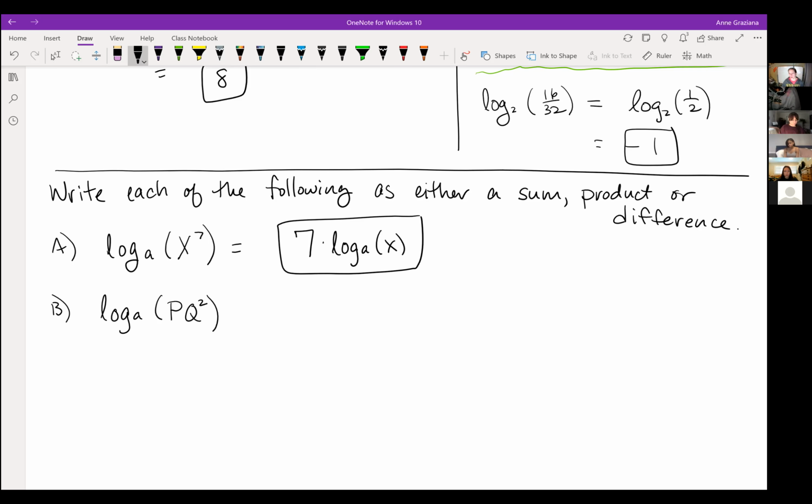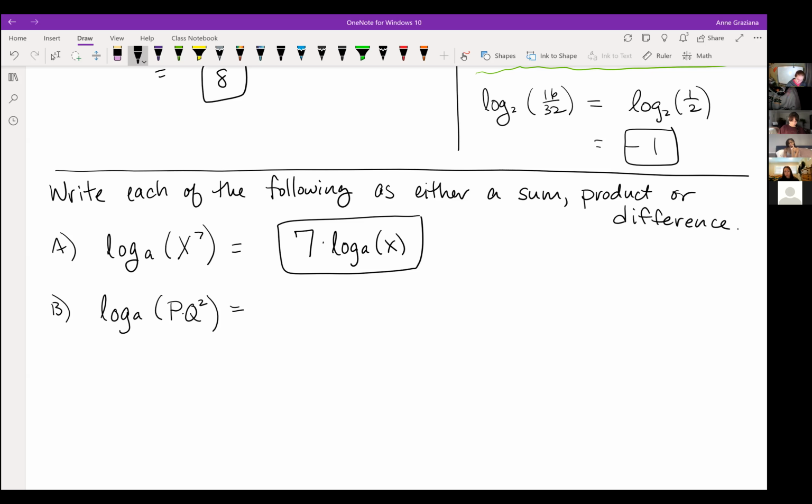Just the Q is squared, okay? Just the Q. Now, that looks like it's an exponent, like the one above it, but since the exponent is not on both the P and the Q, you can't bring it down yet, okay? First, we have to handle this product.